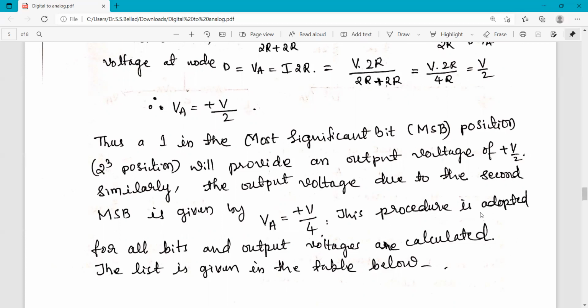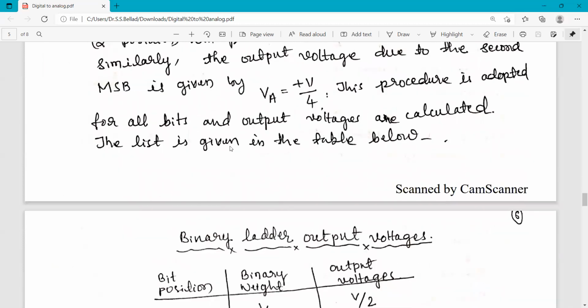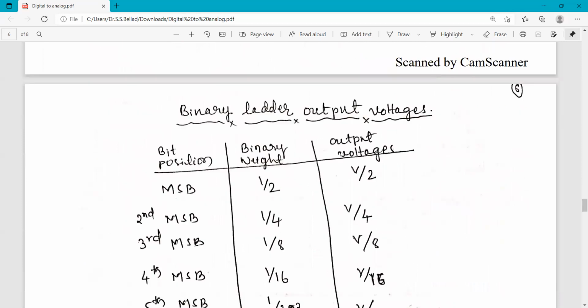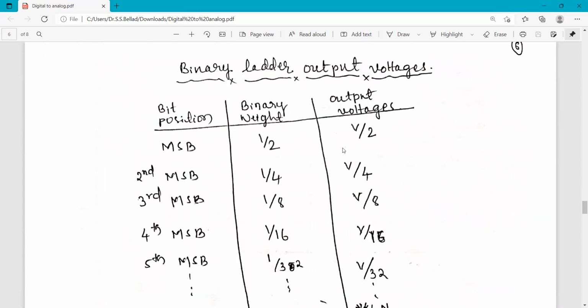So this procedure is adopted for all bits, and output voltages are calculated, and the list is given in the table below. So this is the output voltage list for this binary ladder network. Just now we saw that the MSB produces a binary weight.